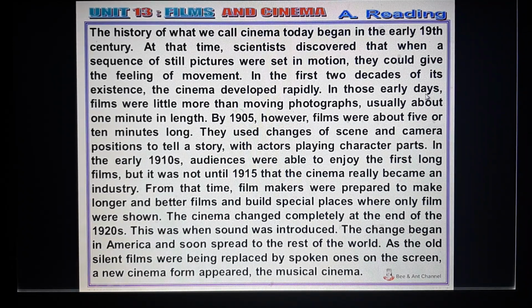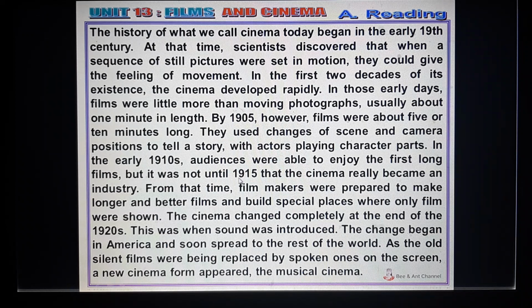In those early days, films were little more than moving photographs, usually about 1 minute in length. By 1905, however, films were about 5 or 10 minutes long. They used changes of scene and camera positions to tell a story, with actors playing character parts. In the early 1910s, audiences were able to enjoy the first long films.